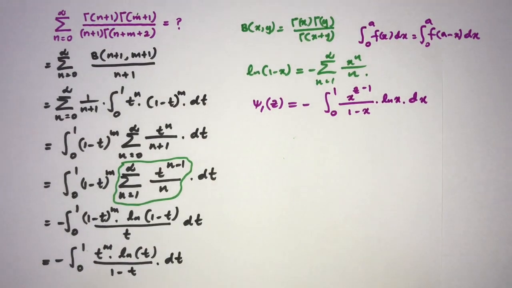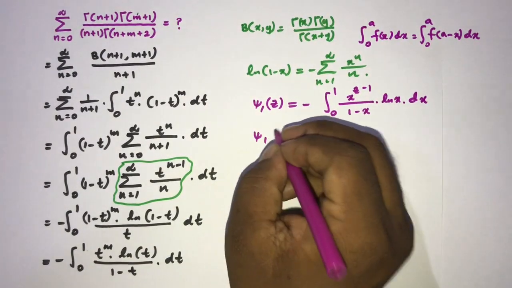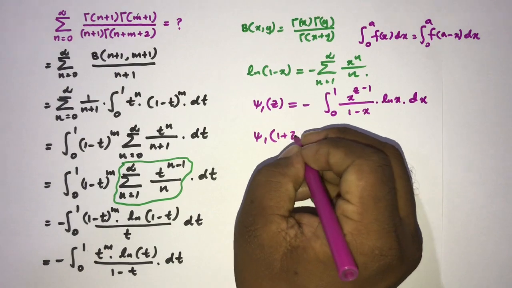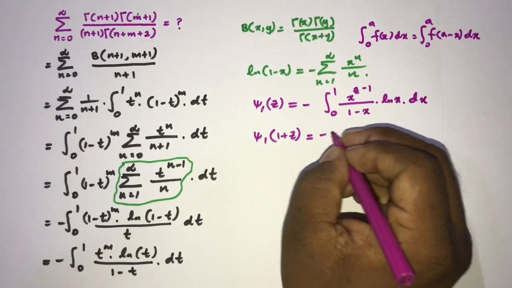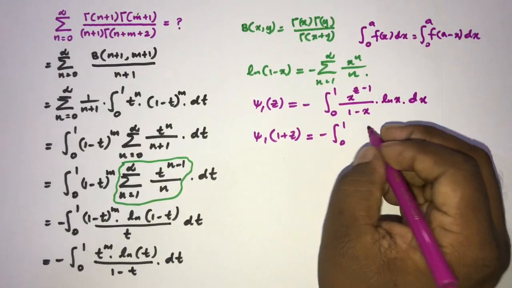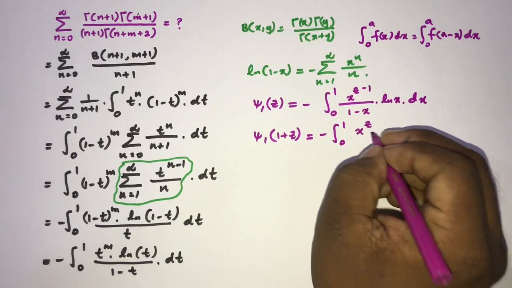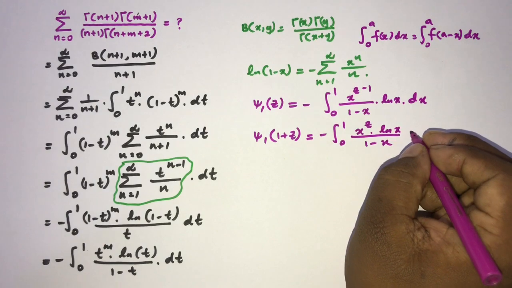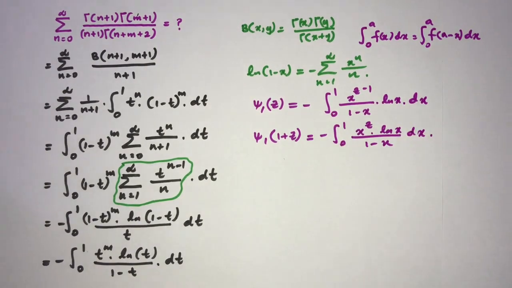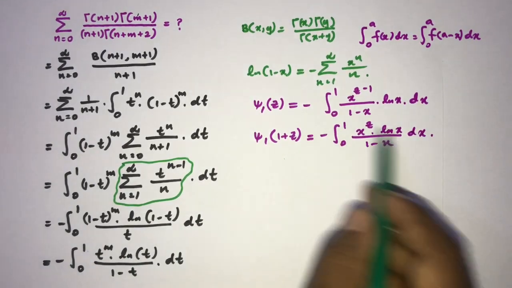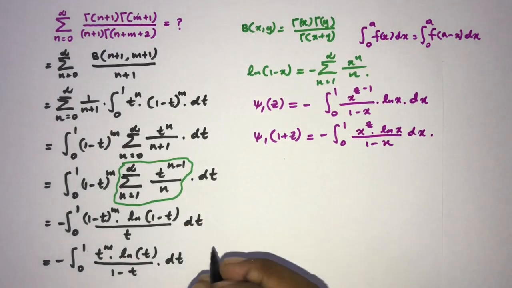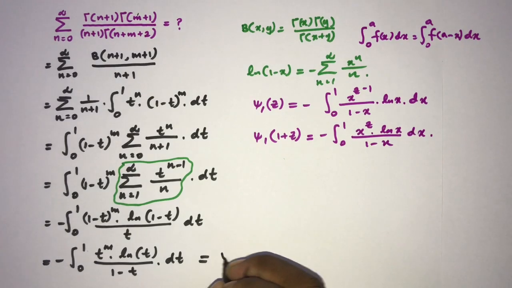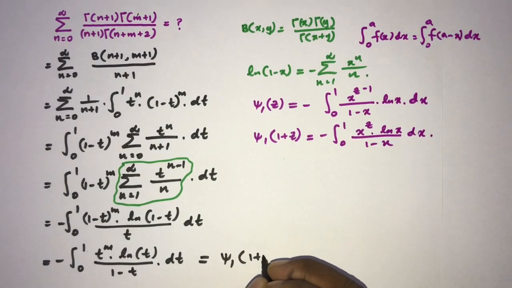Now instead of z, if we take 1 plus z, trigamma of 1 plus z is equal to minus the integral from 0 to 1 of x to the z natural log of x over 1 minus x dx. So now we have t to the m natural log of t over 1 minus t, the same integral. So we know this is equal to trigamma of 1 plus m.